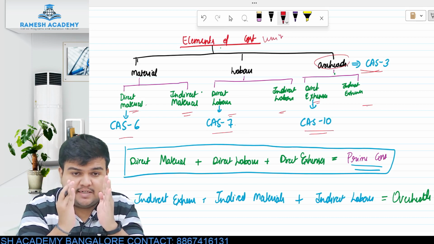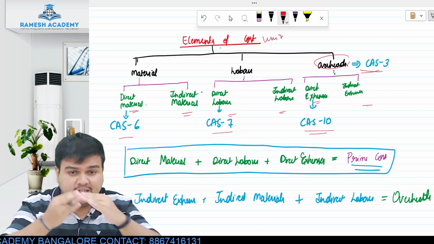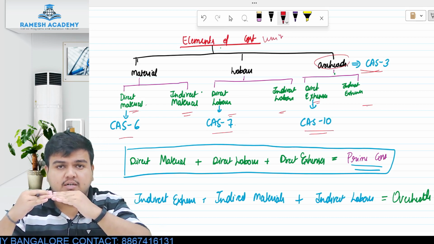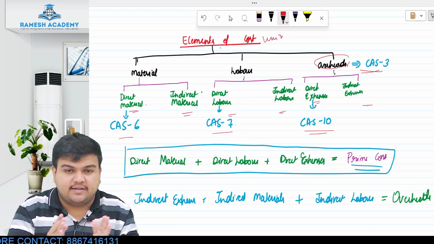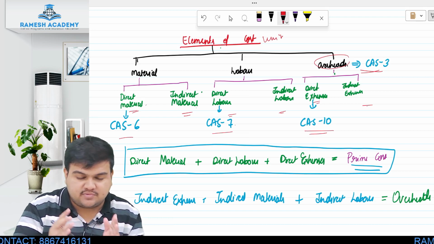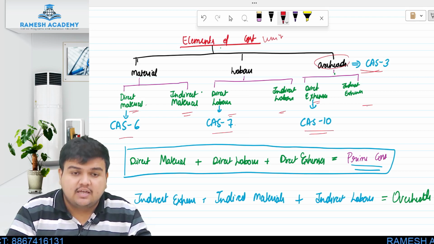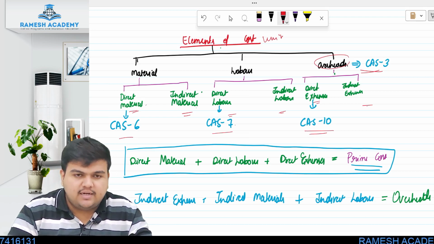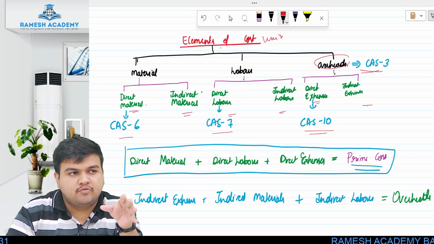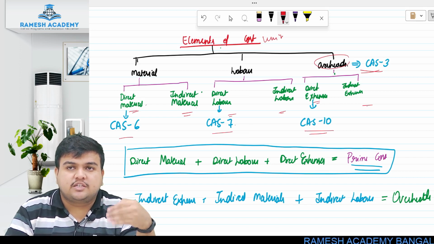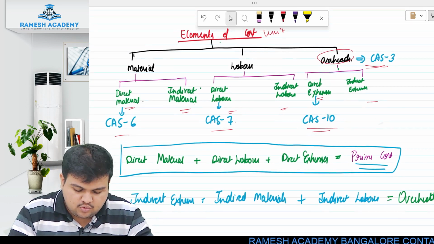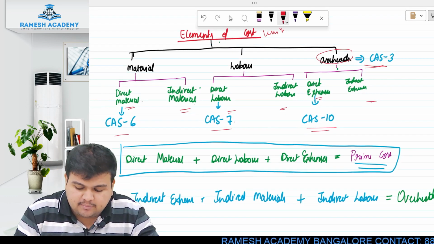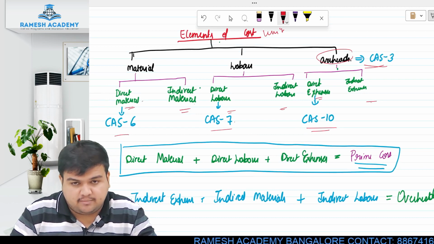Material, labor, and expenses are divided into direct and indirect. The reason is that when you divide this, you can ascertain where the expenses are incurring too much, so it is relevant for making decisions.